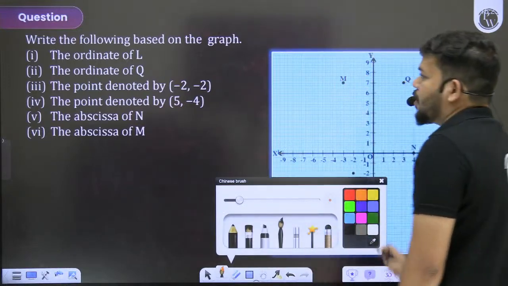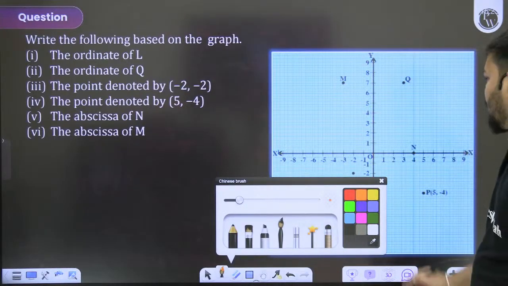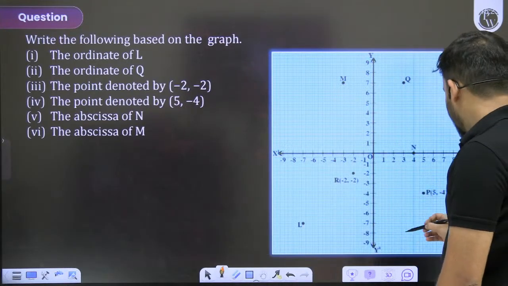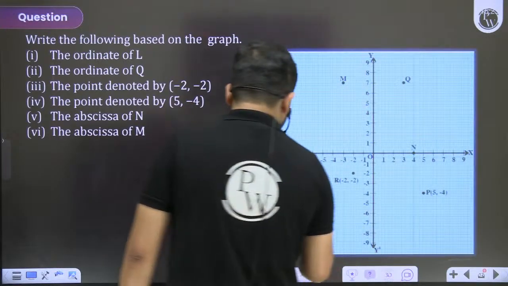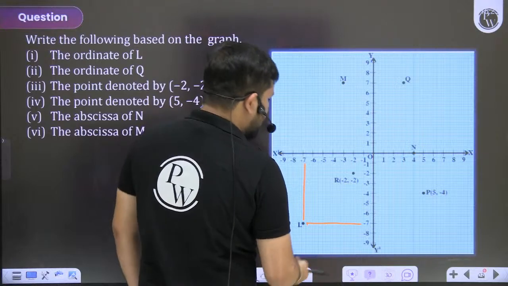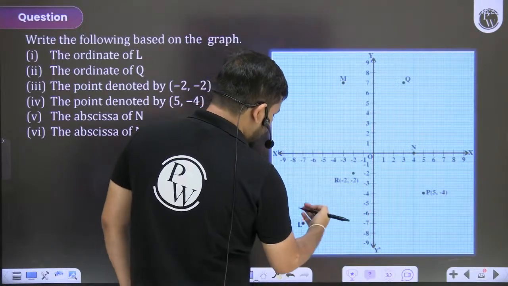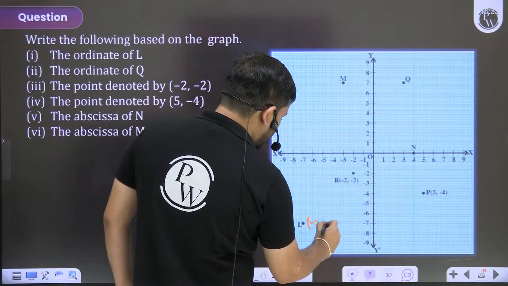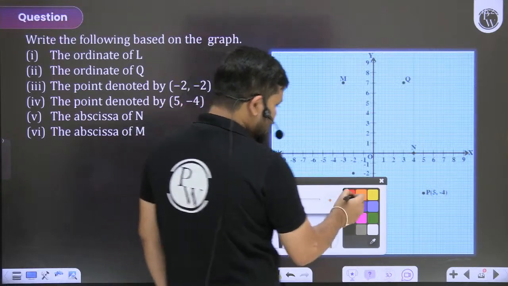You can see the graph. The ordinate of L, where is L? You can see that this is my L. So this is my L, and the point of L you are getting is -7. First try to represent the coordinates of it.